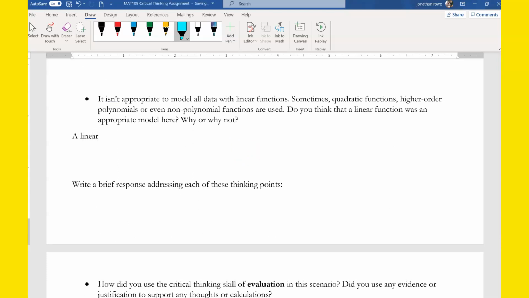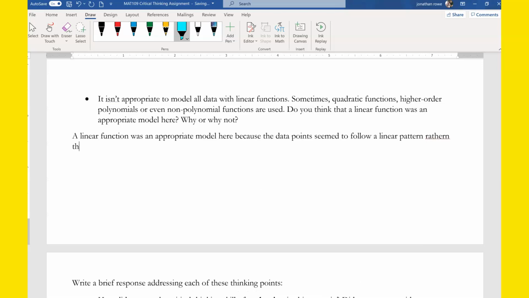A linear function was an appropriate model here because the data points seemed to follow a linear pattern rather than a curved pattern.